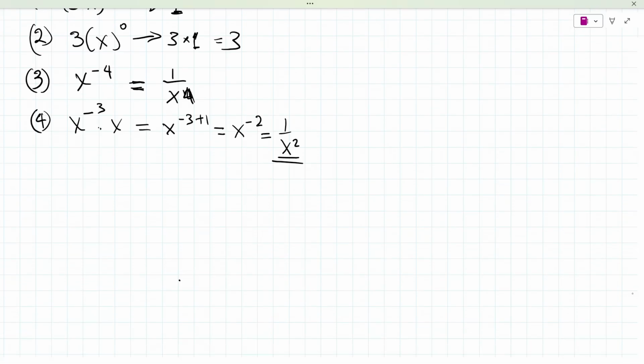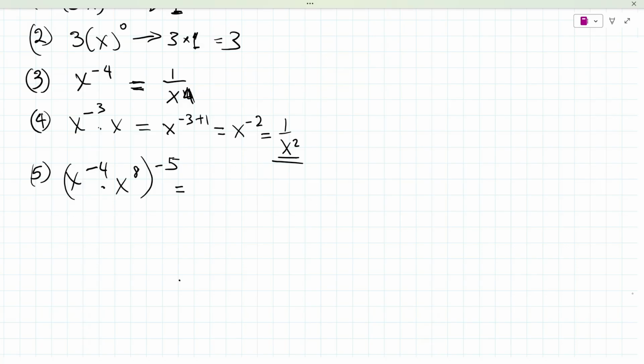Okay. Now let's try another example, number 5. Let's suppose you have x to the power minus 4, and it's being multiplied by x to the power 8. And all this is being powered to the power 5. Now, you first work out the parentheses inside.